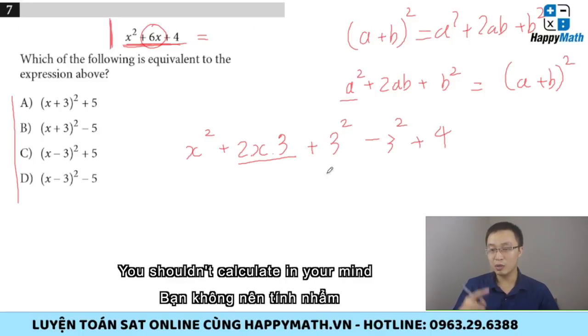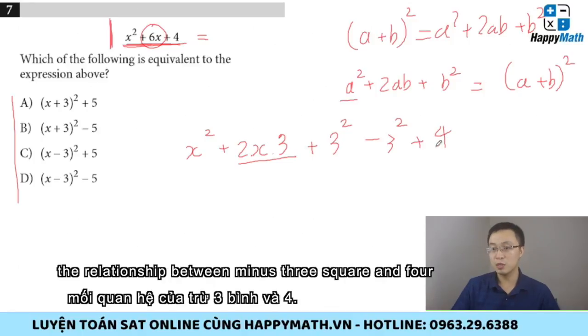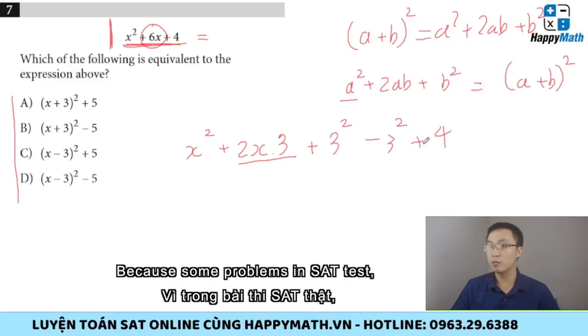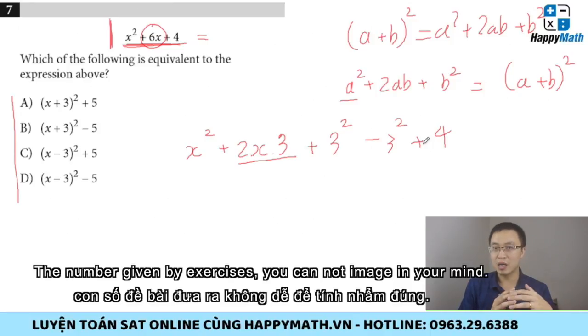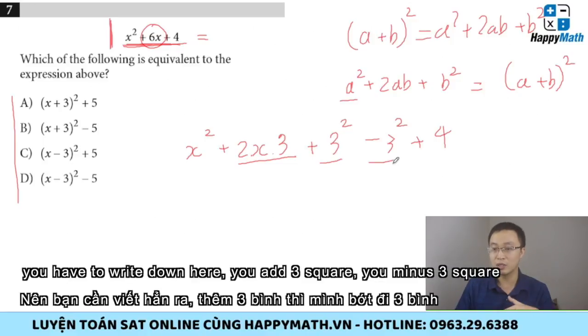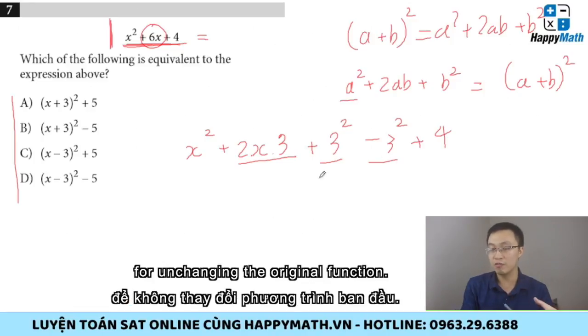You shouldn't calculate the relationship between 3 squared and minus 4 in your mind, because in some SAT problems the numbers given you cannot imagine in your mind, so you have to write it down here. You add the b squared, so you minus it to keep the original function unchanged.